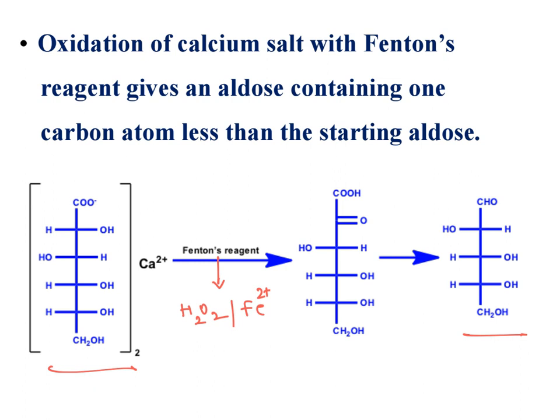In the first step it undergoes oxidation at the second carbon, which is converted into keto, followed by elimination of the CO2 group, giving the CHO group. So the calcium salt of the acid reacts with Fenton's reagent, undergoing oxidative decarboxylation, and gives the corresponding aldose, which has one carbon less compared with glucose, and the compound is D-arabinose.